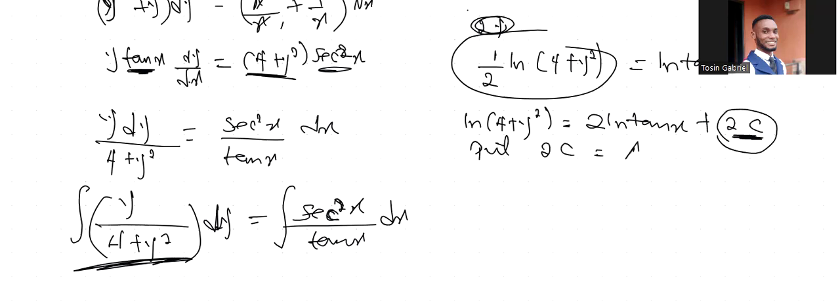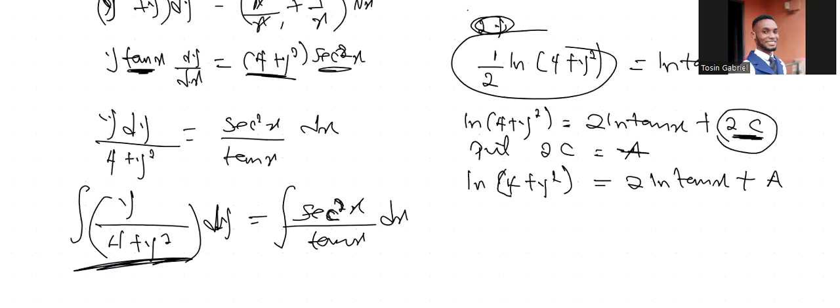Just put it like that, it's fine. Then you have your new ln of 4 plus y squared equals 2 ln tan x, plus a.